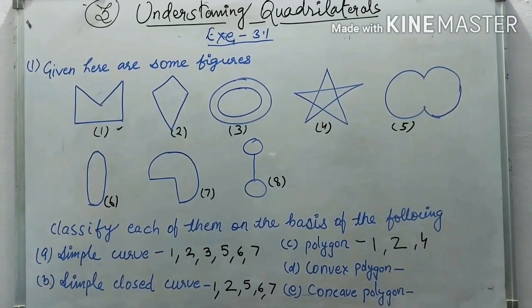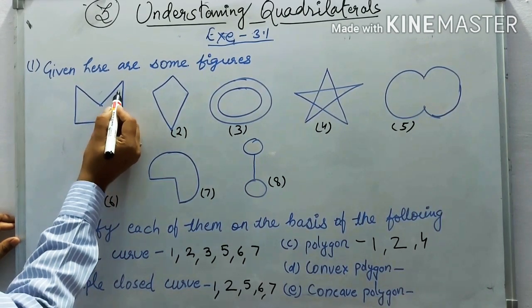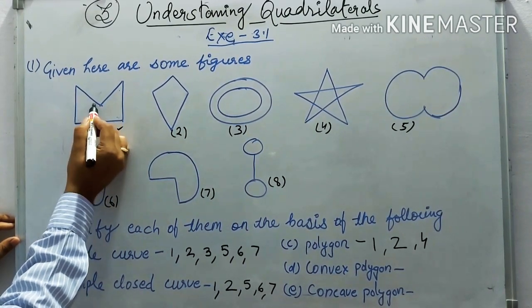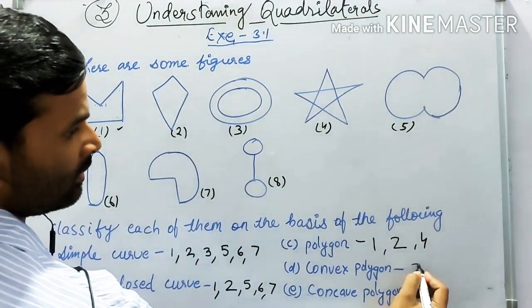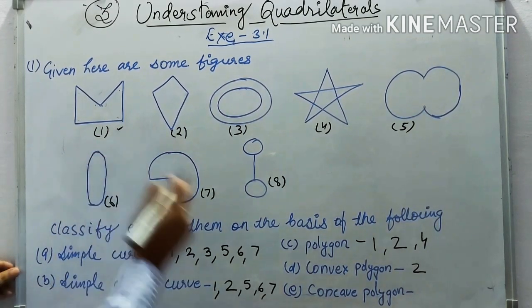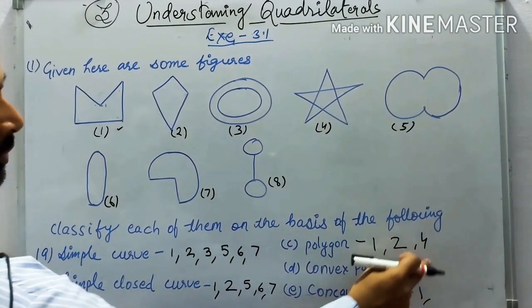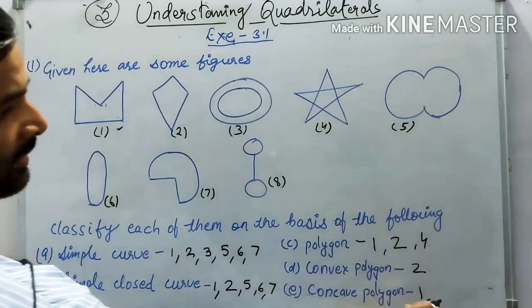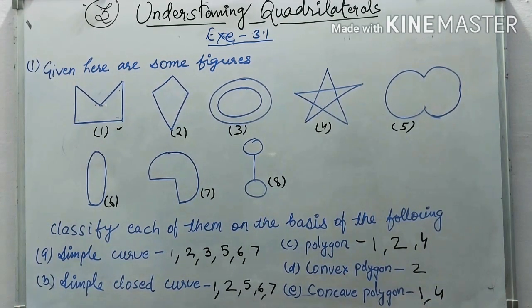Here it is less than 180, less than 180, less than 180, less than 180, but here it is not less than 180. Only the second is a convex polygon, and the remaining, the first and fourth, are concave polygons.